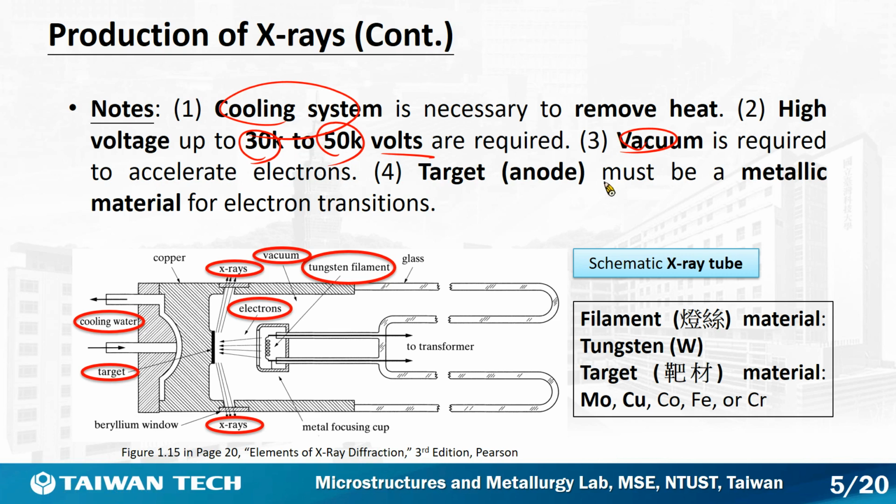And the vacuum is used to accelerate electrons so that they can bombard the target. The target, which is the anode, must be a metallic material because we need electron transitions here. Okay.